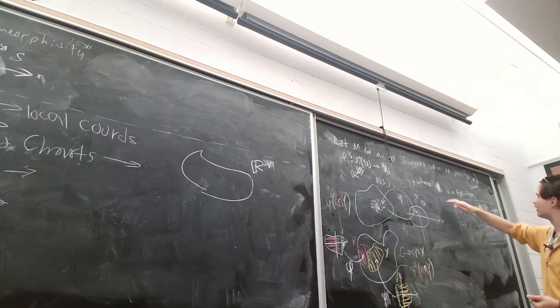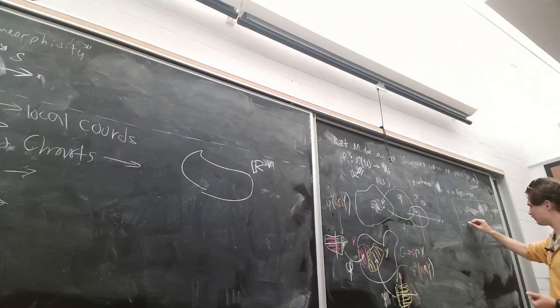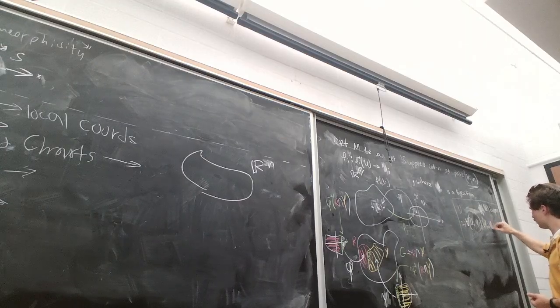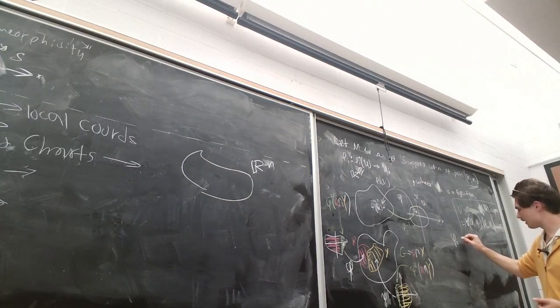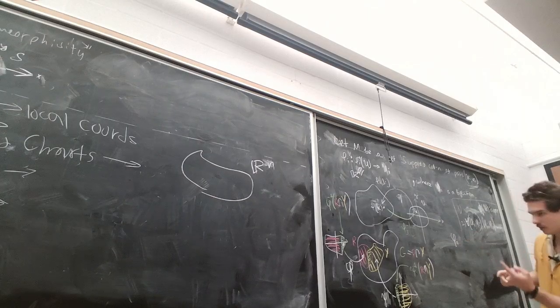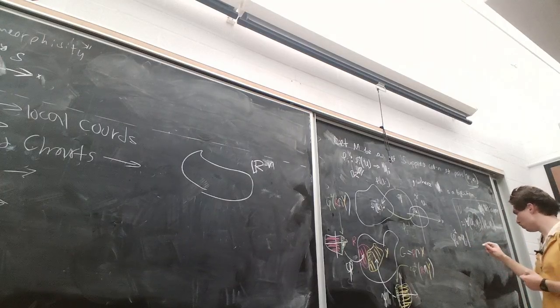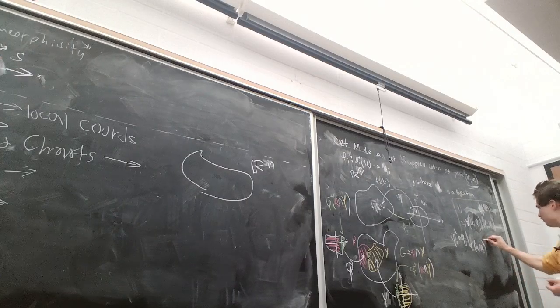So this is first, and you had that condition, and then you will demand that for any pair Ui, phi i, Uj, phi j, I want phi i inverse composed with phi j, restricted to phi j inverse of Ui intersect Uj, to be a diffeomorphism.